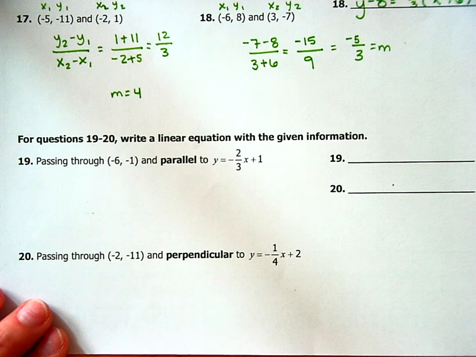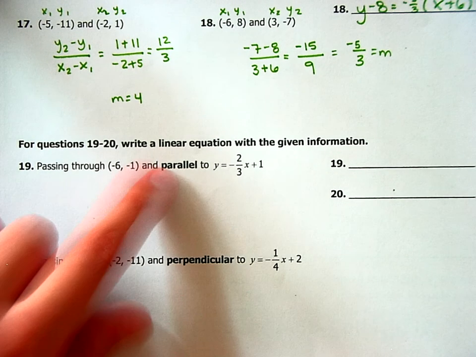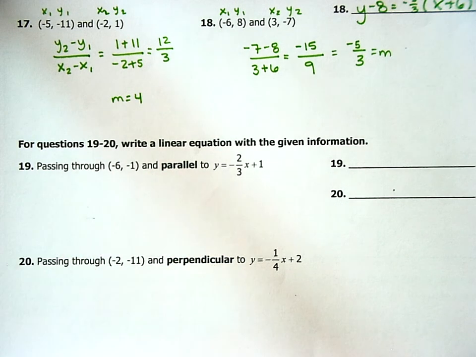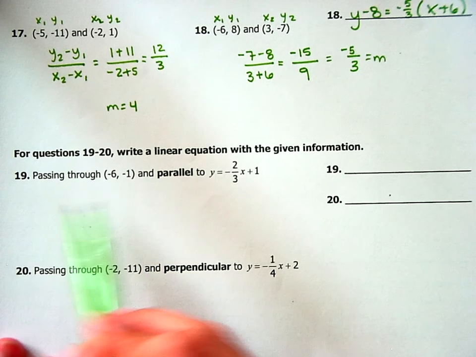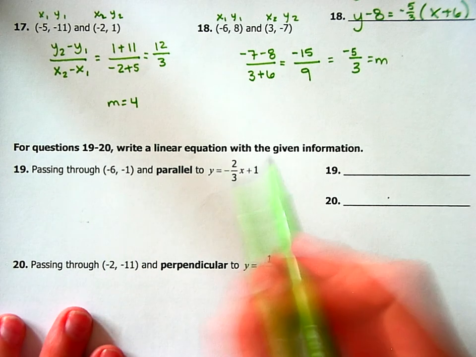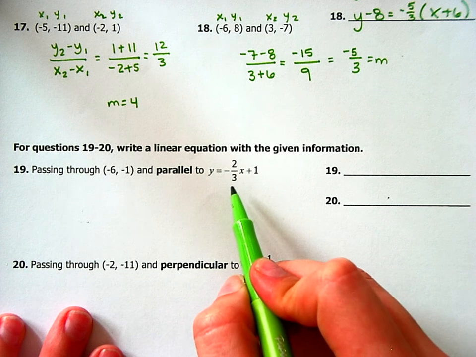Okay. Then our last two problems, we are going to write equations of lines that are either parallel or perpendicular to another line. These are probably going to, again, be in point slope form, just because that's what we're given. So we have been given a point here, negative 6, negative 1, and I know it's parallel to negative 2/3.